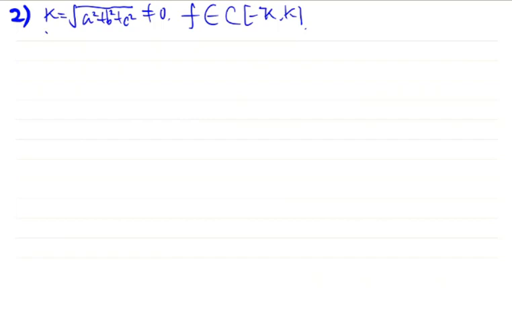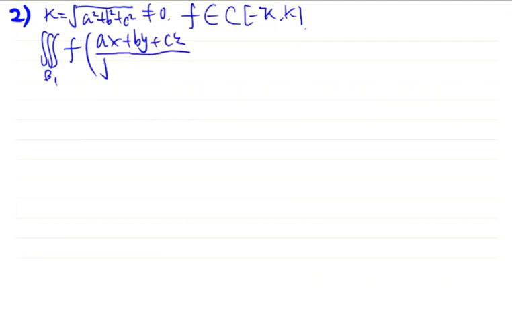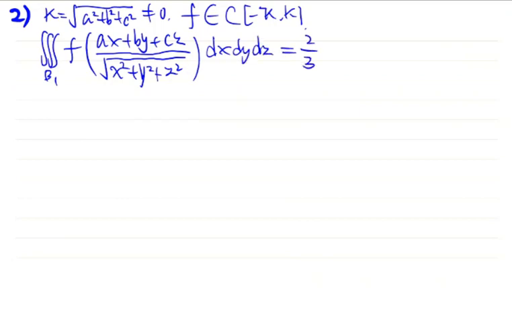Then we want to solve the triple integral over the unit ball of the function (ax plus by plus cz) over the square root of x square plus y square plus z square, f of that, dx dy dz, which will equal 2/3 of pi times the integral from minus 1 to 1 of f(kappa t) dt.